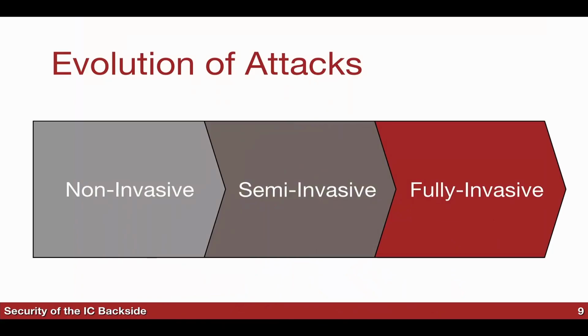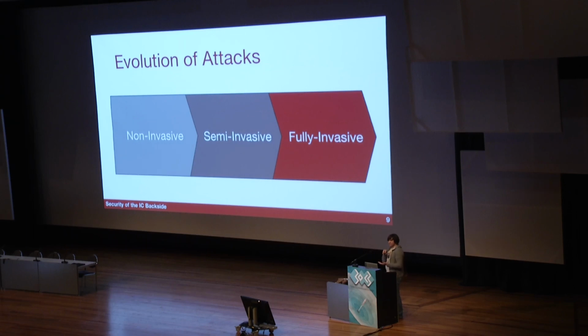You have to think of classes of attacks when you talk about hardware security. On the left, you have the least expensive, most simple attacks, which are non-invasive attacks. That's where you don't open up the device at all. You connect to it externally, you watch the power consumption, you do something along those lines. With semi-invasive analysis, you're opening up the package, and maybe you're trying to hit it with a laser, for example, to induce a fault, flip bits, et cetera.